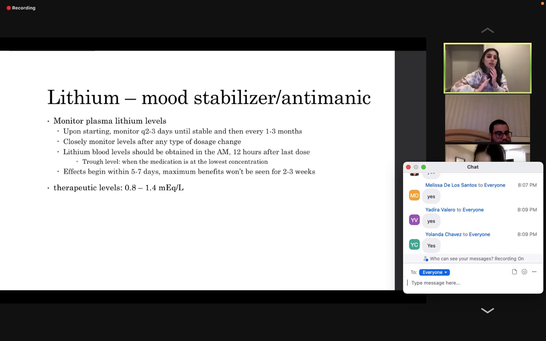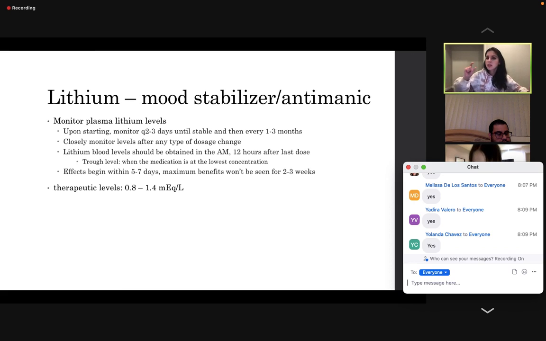Now, lithium blood levels should be obtained in the morning, 12 hours after the last dose. So if I administered the last dose tonight, tomorrow early in the morning there's going to be a blood draw because I want to know, are they toxic or not? How much lithium is in their blood? This is called trough level.